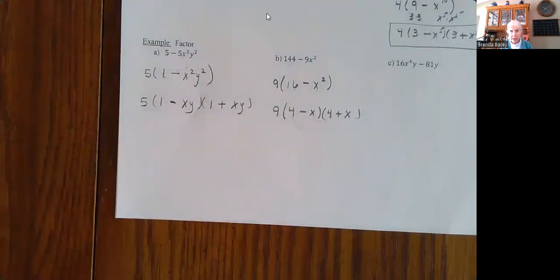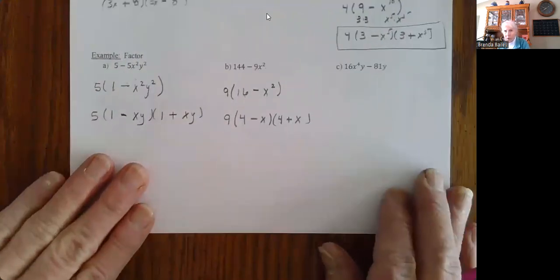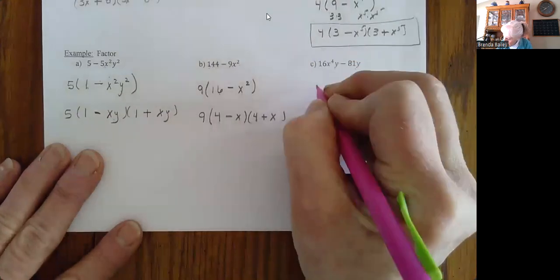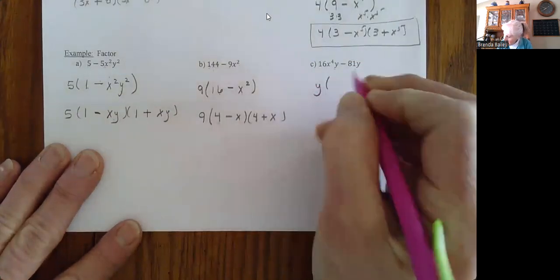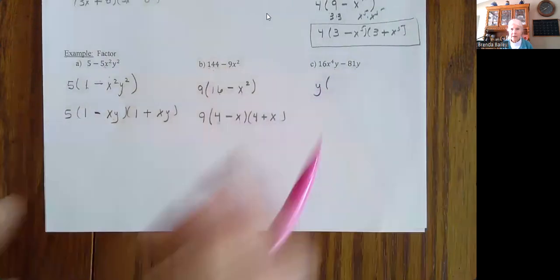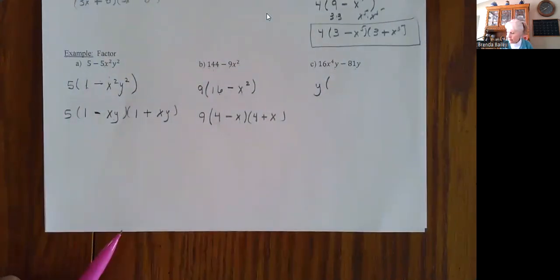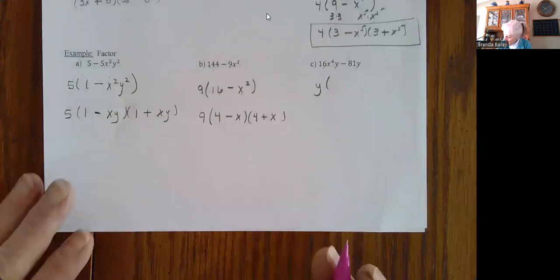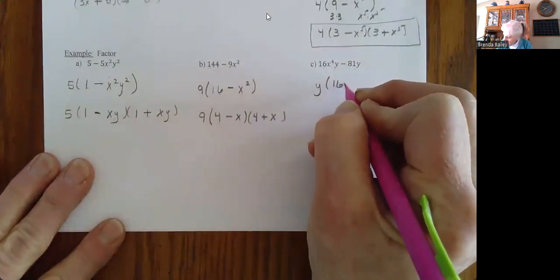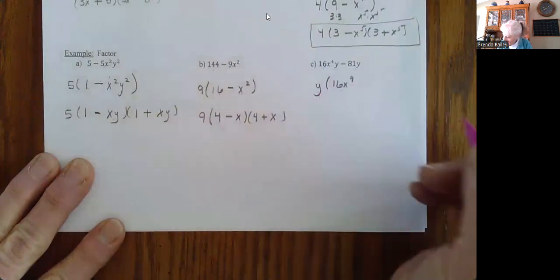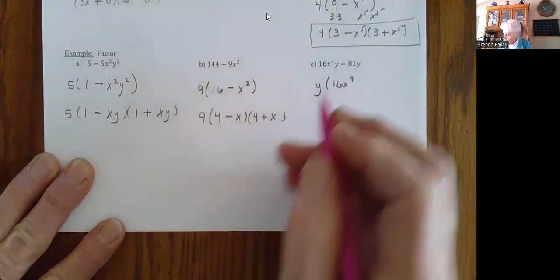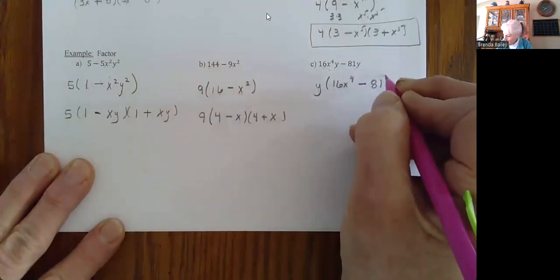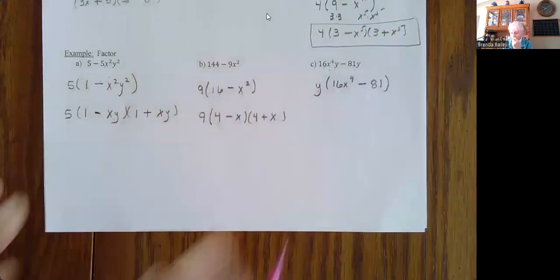Awesome. Let's do C. Pull out the greatest common factor. So we pull out a y. There's nothing that goes into 16 and 81 because 81 is just 9 times 9 and there's no 3's or anything in a 16. So you have y, we have 16x to the 4th because the y's would cancel. If you multiply back to the original, and then this would just be 81. y times 81 is 81.